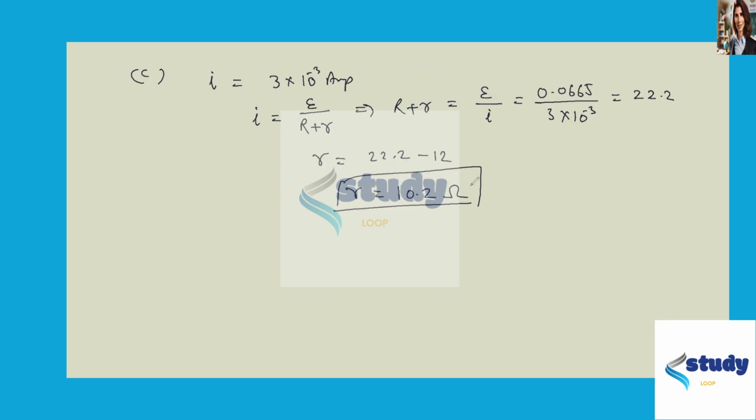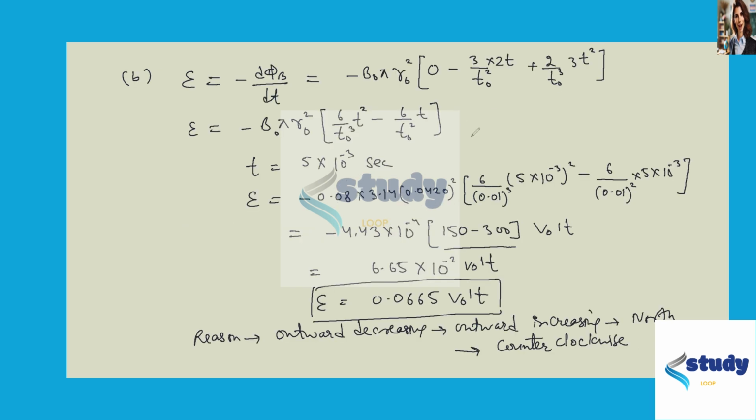Now, in the fourth part of the problem, the time has been given as 1.21 multiplied by 10 to the power minus 2 seconds. And again, we have to find the EMF induced. So again, we will put the values in this expression for the EMF.